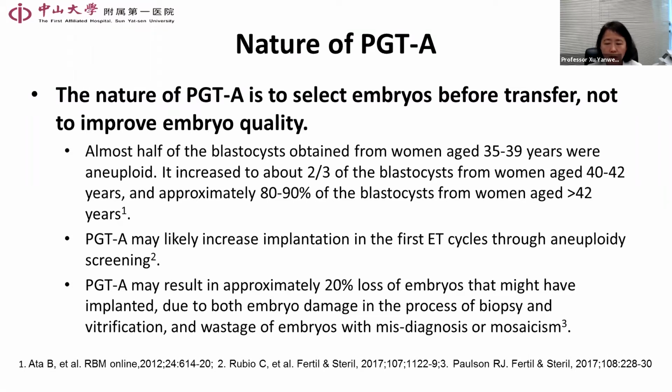That is, on one side, we can improve our ability to select euploid embryos for transfer. On the other side, PGT-A may result in loss of embryos to approximately 20%.